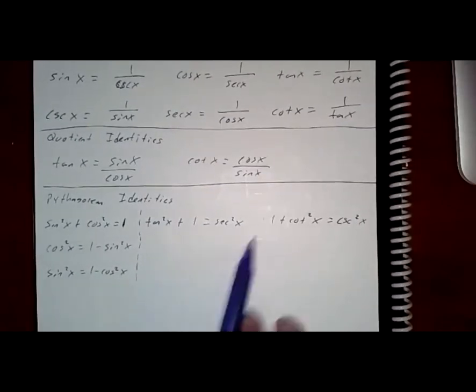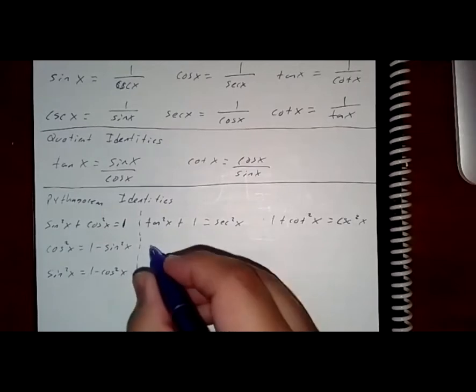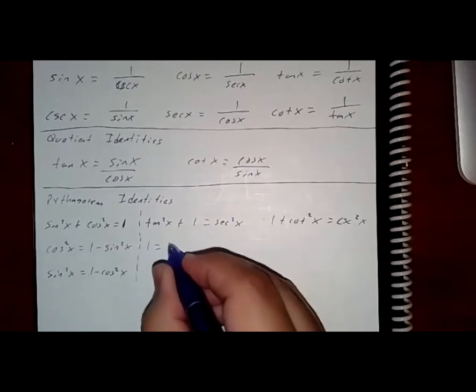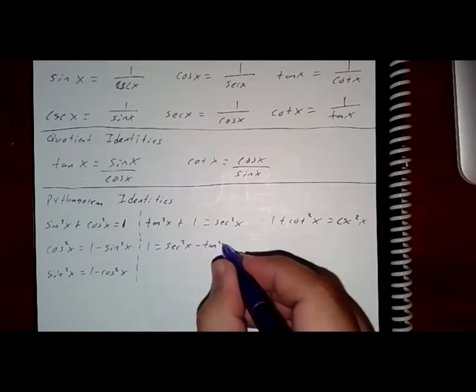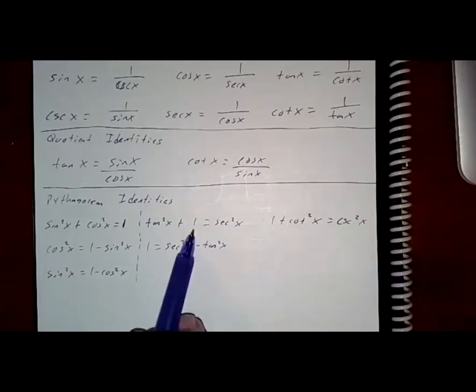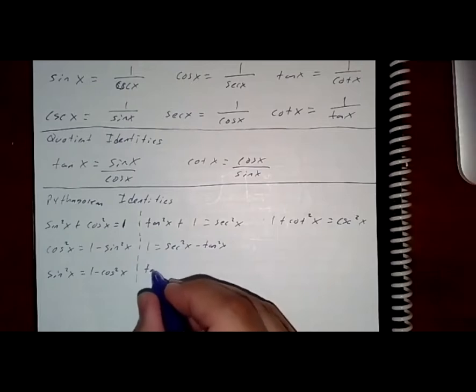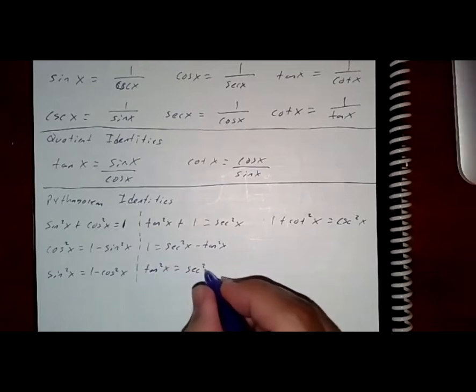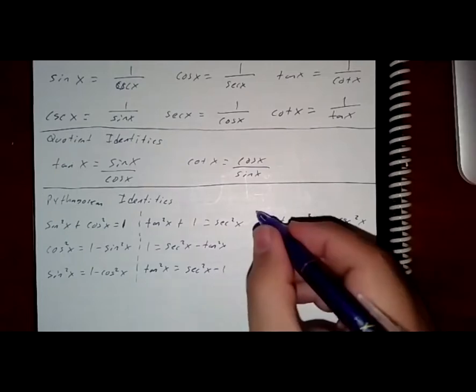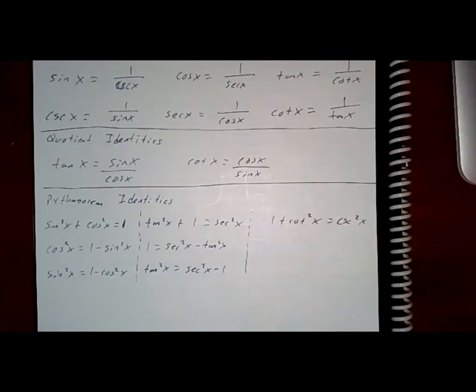If I subtract the tangent, I get 1 equal to secant squared x minus tangent squared x. If I subtract the 1, I get tangent squared x equal to secant squared x minus 1. Now go to this one.